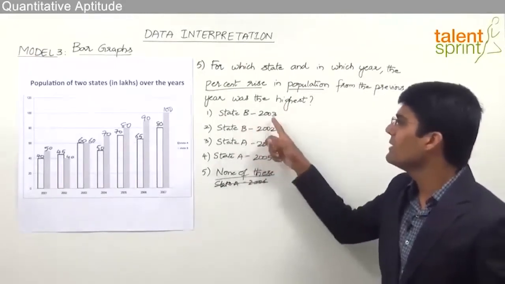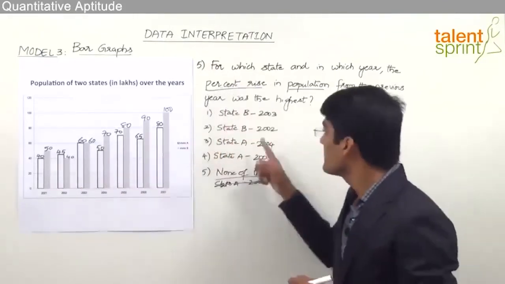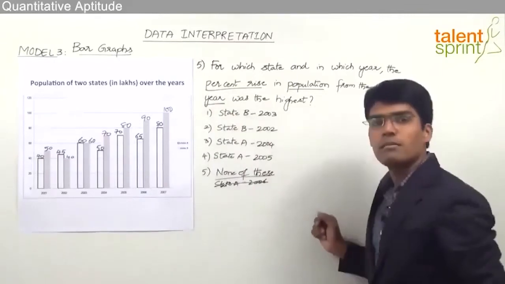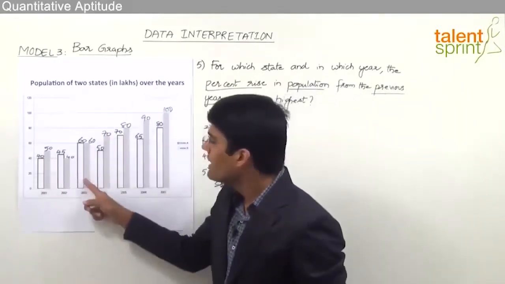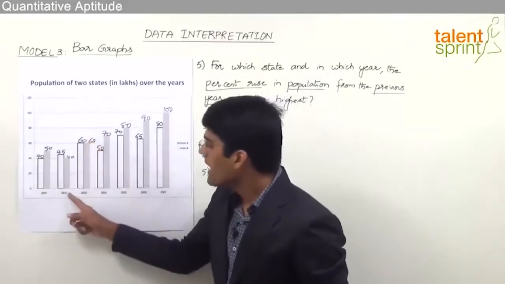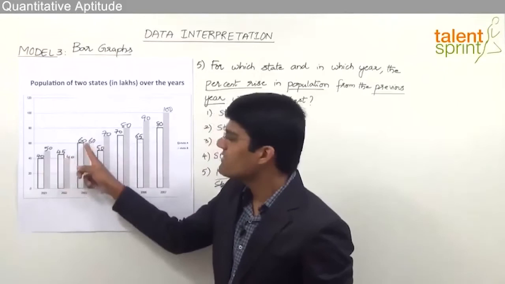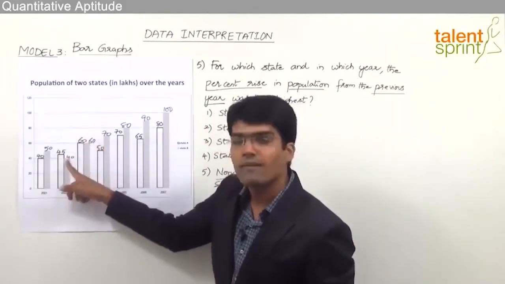For example, state B in 2003. Now state B in 2003, remember it is with respect to the previous year. Always the percentage rise has to be calculated with respect to the previous year. So state B in 2003 means with respect to 2002. B in 2003 is 60. And B in 2002 is 40. Now if you observe, 40 becomes 60. That means it is increasing by 20 lakhs. 20 lakhs on the initial value, 40 lakhs.